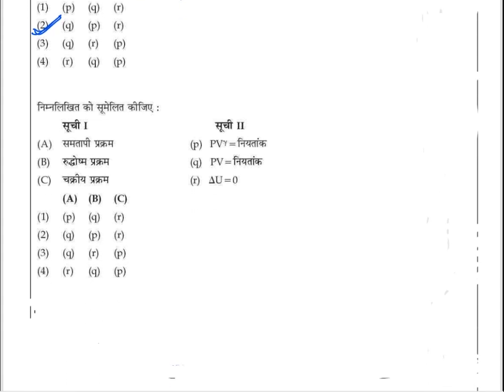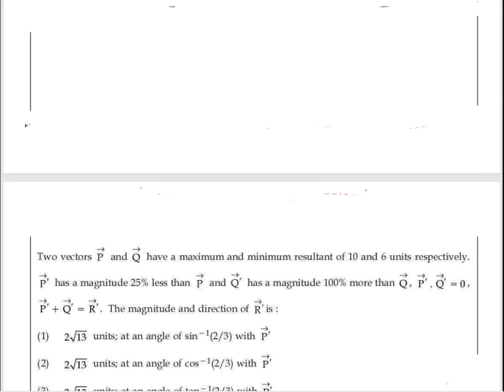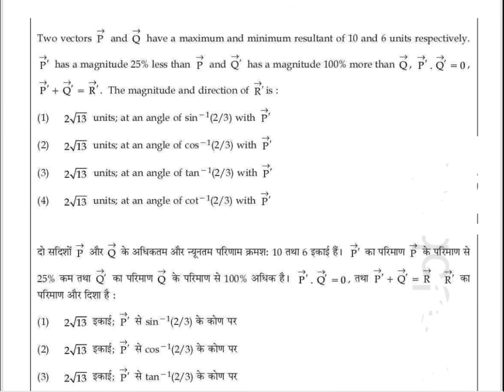Okay, so we'll move to our next question. Two vectors P and Q have a maximum and minimum resultant.